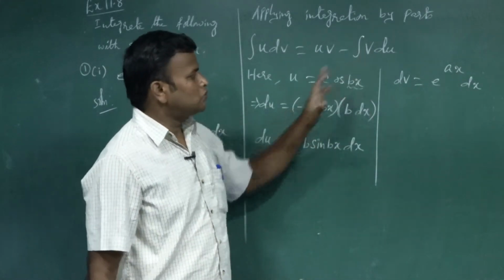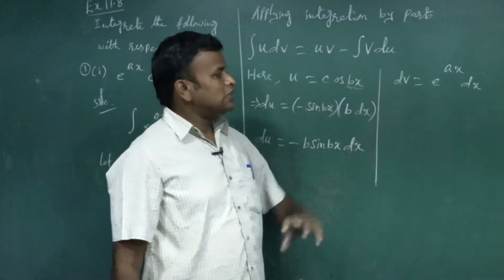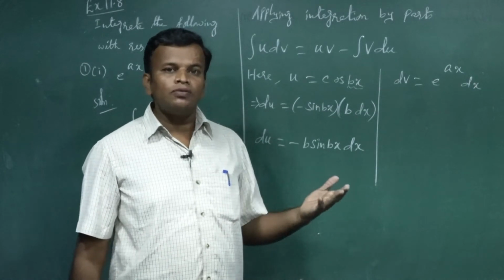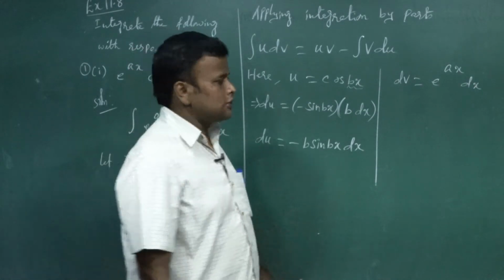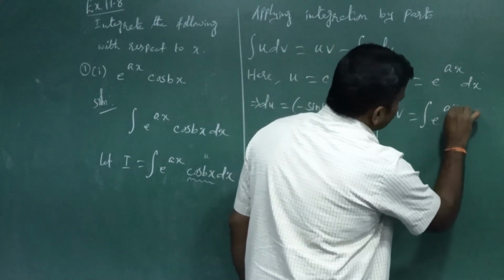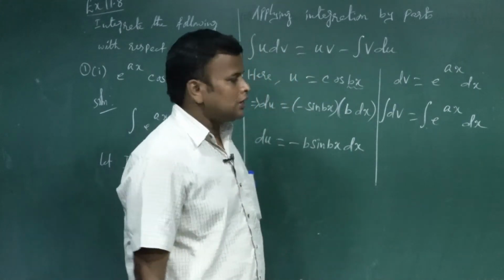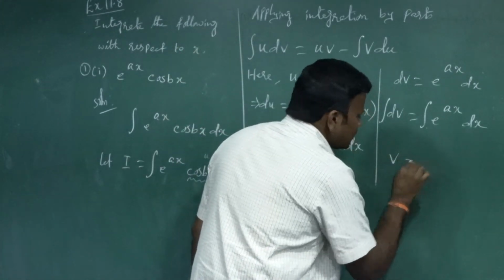Okay, this part is over. Next, we need to find the value of v. dv is there. How to find v from dv? By taking integration. Integrating on both sides, integral dv is equal to integral of e power ax into dx. Integrating dv is v.